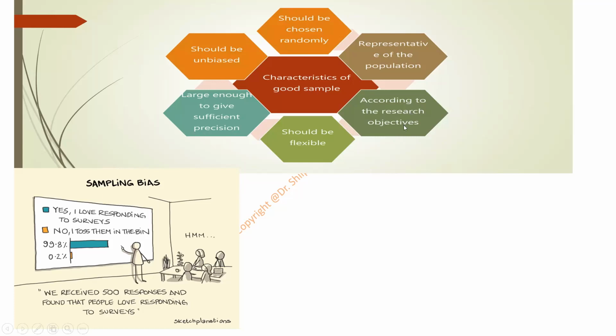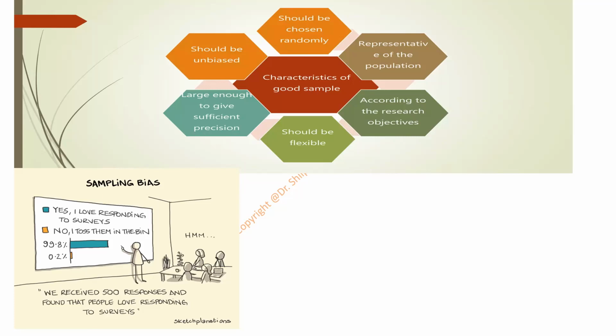Then it must be according to the research objective. Suppose my research objective is that I want to study diabetic people, and when taking the sample I'm selecting a few diabetic people, but there are two diabetic types, type 1 and type 2.